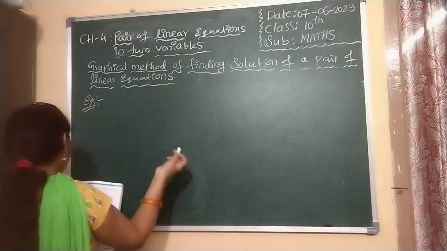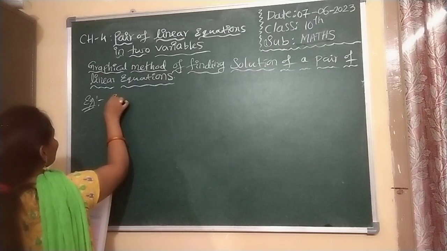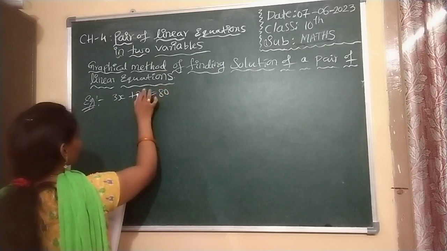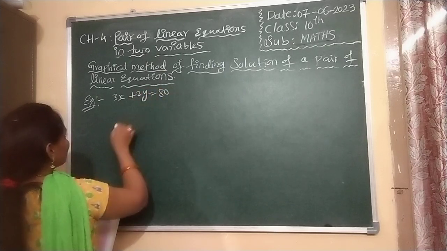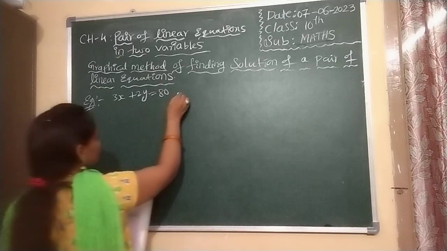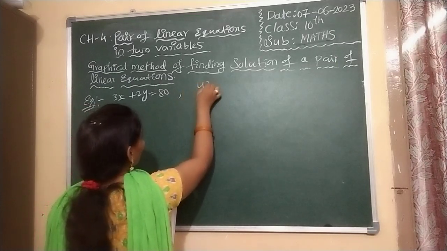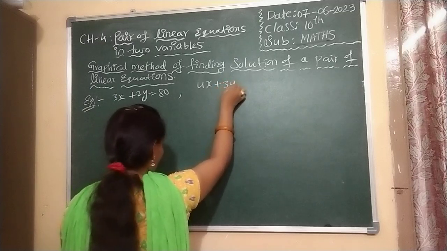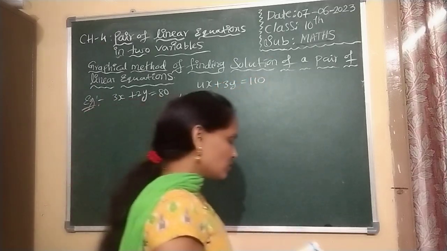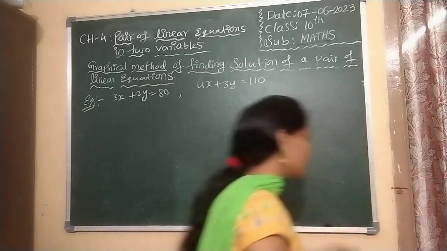For the first situation, given linear equations in two variables: this is equation 1, and the second equation is 4x plus 3y is equal to 110. These are the two linear equations in two variables.